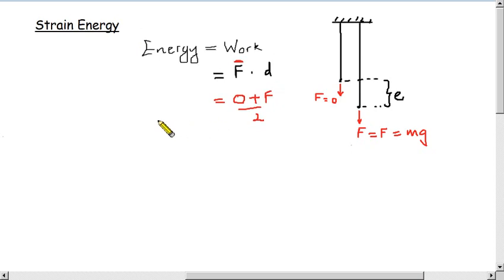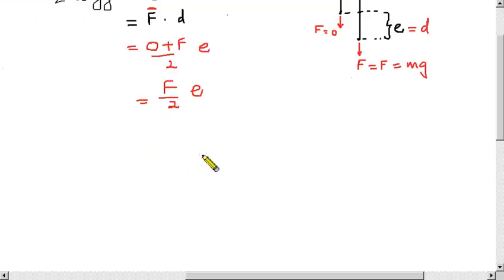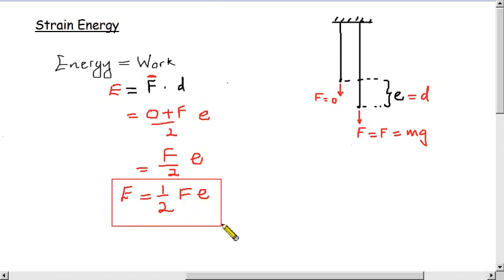The distance is the extension e. So F divided by 2 times e. This is the work done or energy. We can write energy equals half Fe.